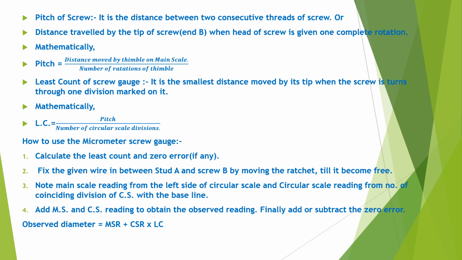Then the observed diameter will be main scale reading plus circular scale reading into least count, and the true diameter will be observed reading plus or minus zero error. In the same way it will have two kinds of error again, positive error and negative error. So we will discuss the errors.